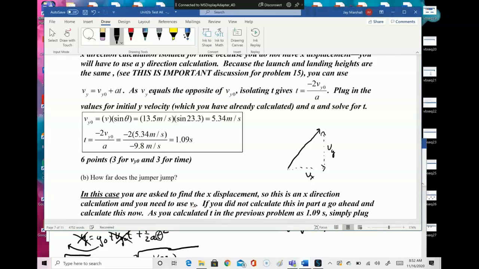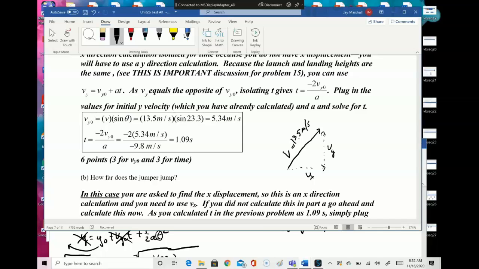Remember that the velocity you're given is the velocity at an angled direction. And in this case, we're saying it's 13.5 meters per second.